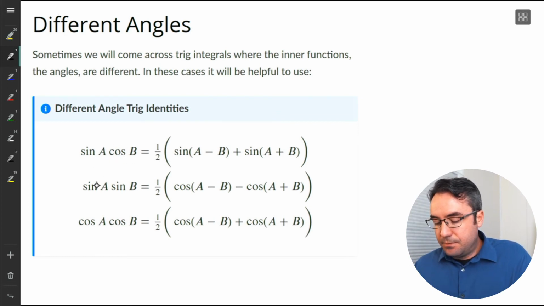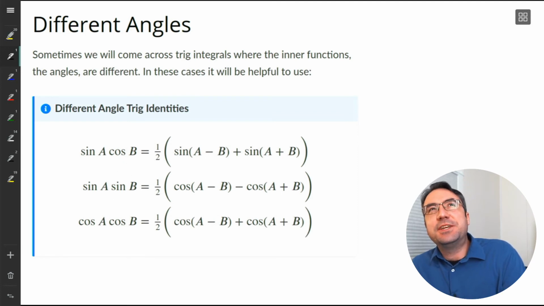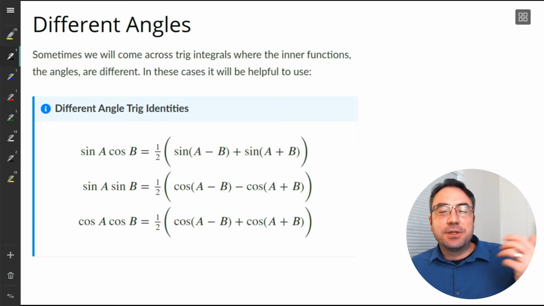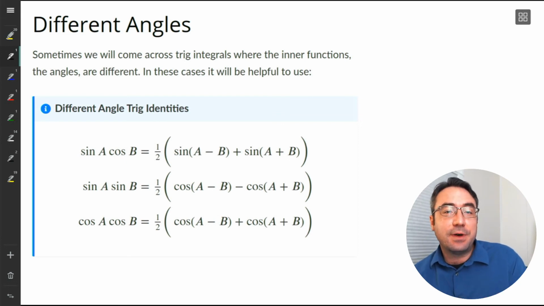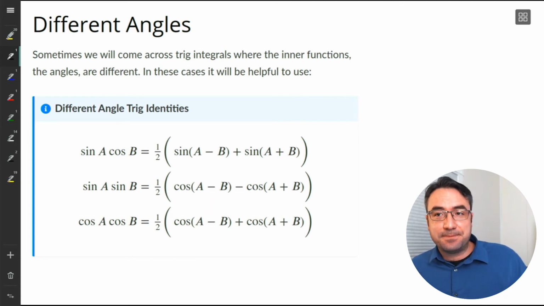Are these more trig identities? Just more and more trig identities. For memorization, I would probably recommend sine squared plus cosine squared is equal to 1, and then also have those half angle identities memorized. These ones, just be aware that they exist.